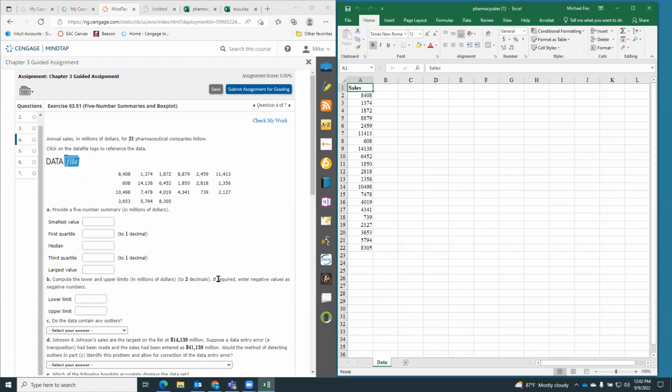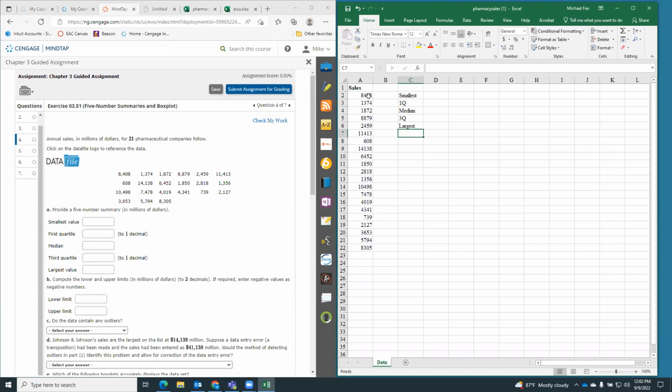It wants us to provide a 5-number summary in millions of dollars. So a 5-number summary includes the smallest value, the first quartile, I'm just going to label that 1Q for first quartile, median, the third quartile, and the largest number.